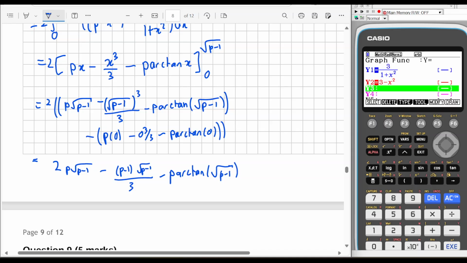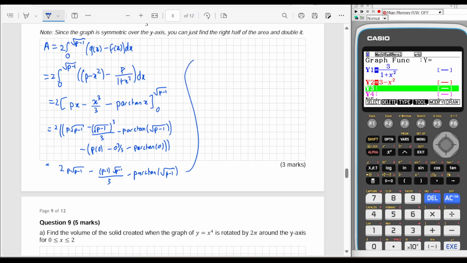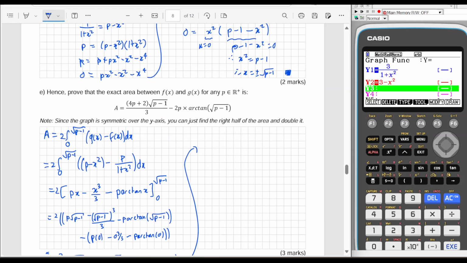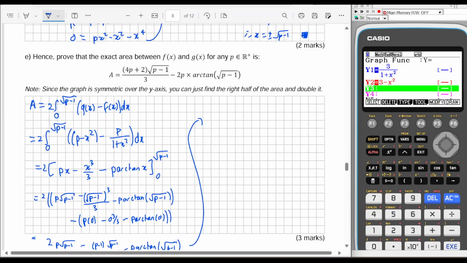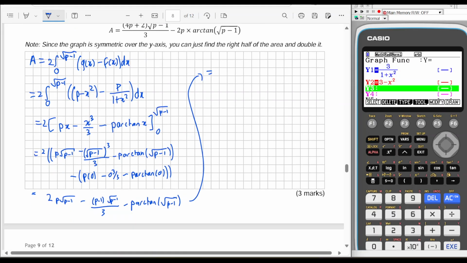Okay. We're almost there. Okay, so let's see. I might just write out the same thing again. So 2p root p take 1, take p take 1 root p take 1 all over 3, take p arctan of root p take 1.